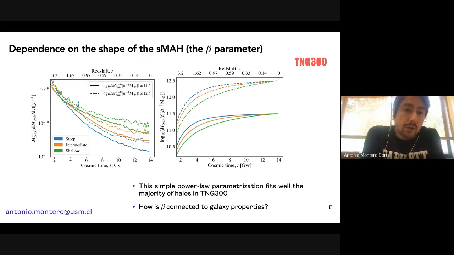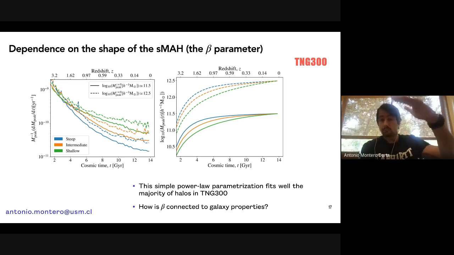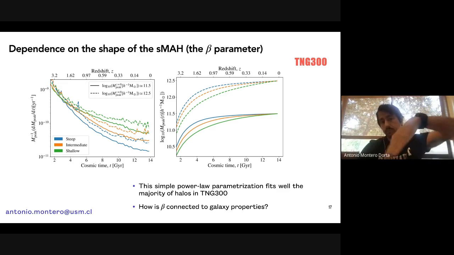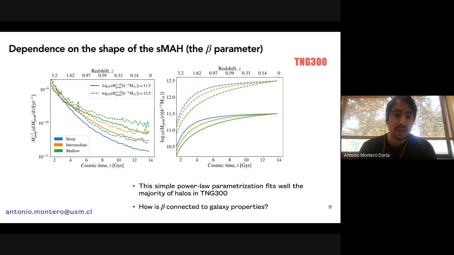Here, what I'm showing in these plots is for two different masses, and I'm showing the populations of galaxies in halos that have steep, intermediate, or shallow betas, right? So slopes of the beta parameter. Shallower would mean that the accretion history is not as steep as in the case of steep.